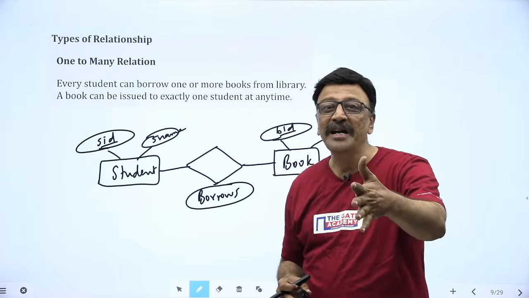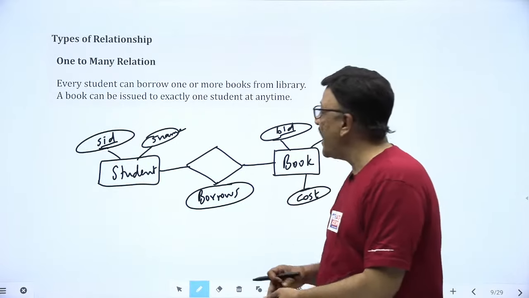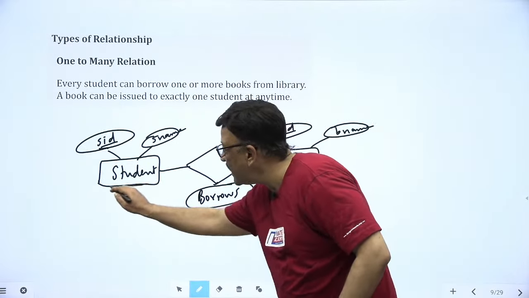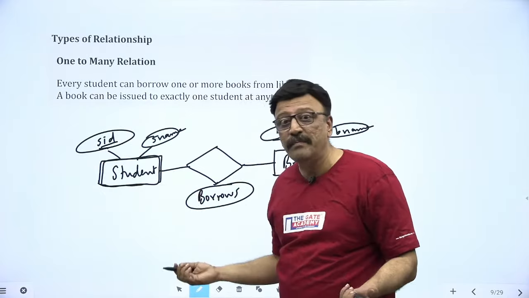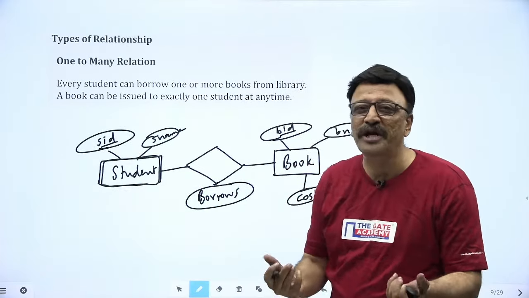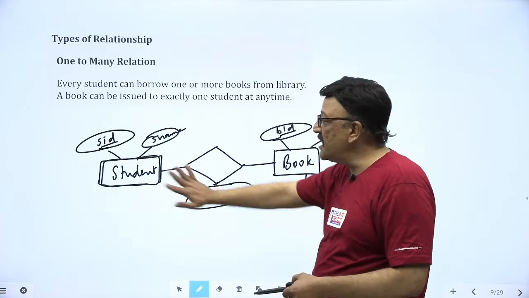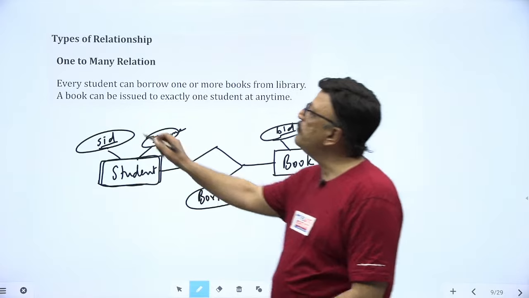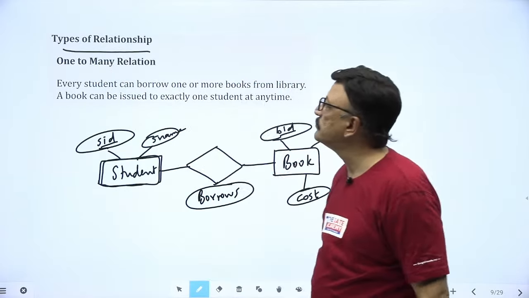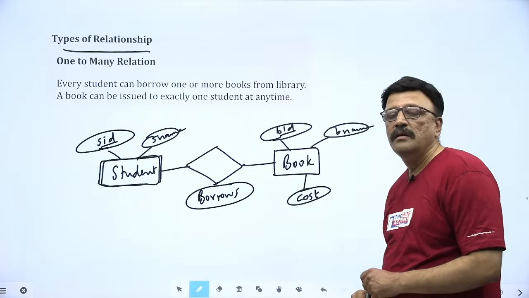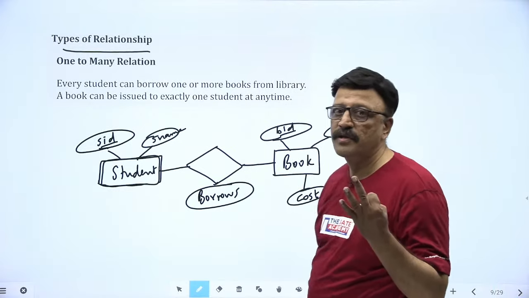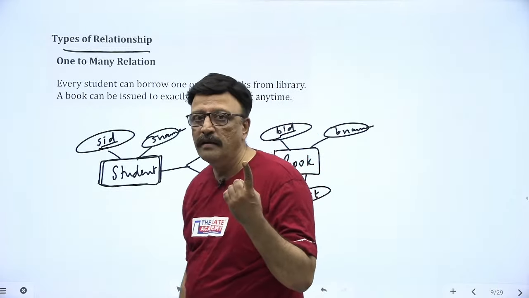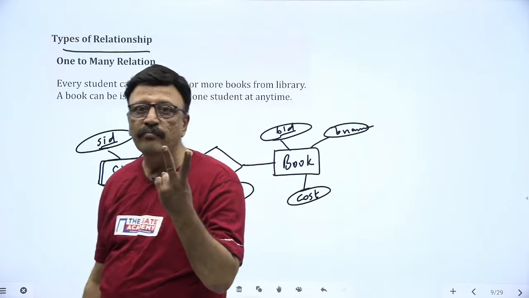I have not yet taught types of entities. There are many types, or rather not many, but few types of entities. I am still postponing that particular point, but I want to talk about types of relationships. Just check this. There are 3 types of relationships: one to many, many to many, and one to one.